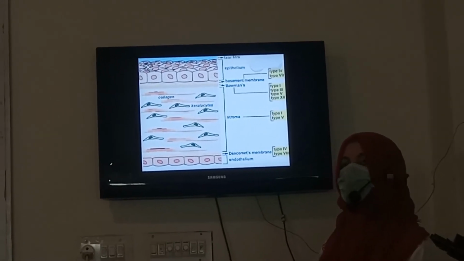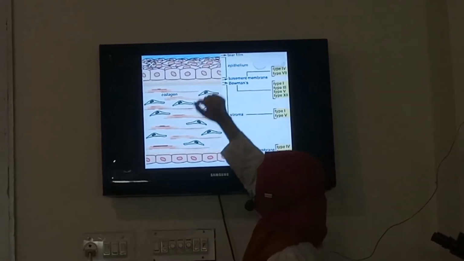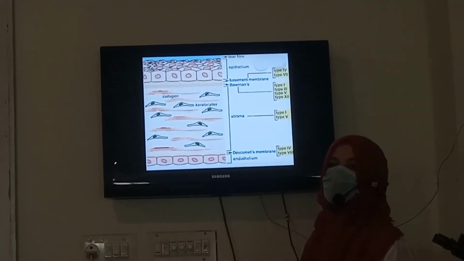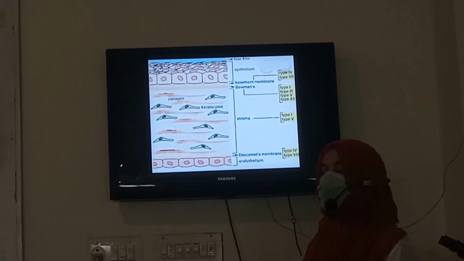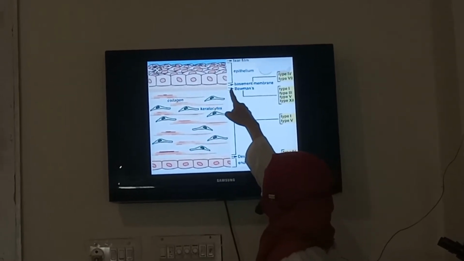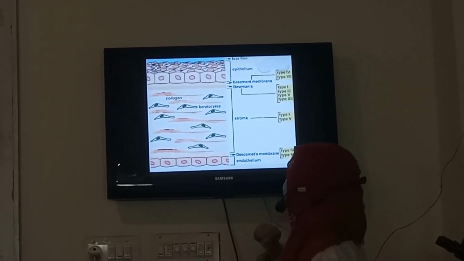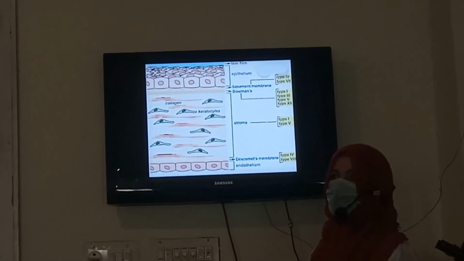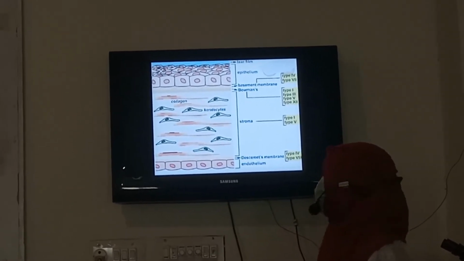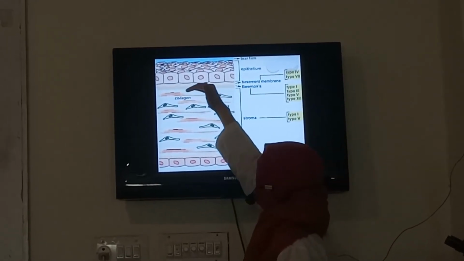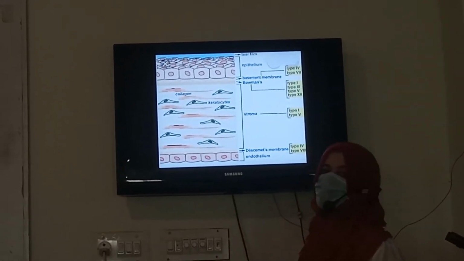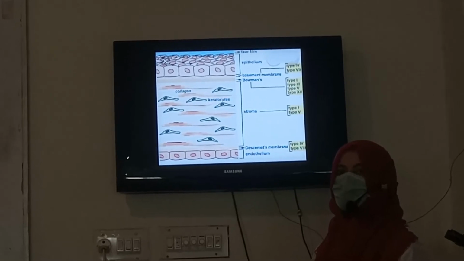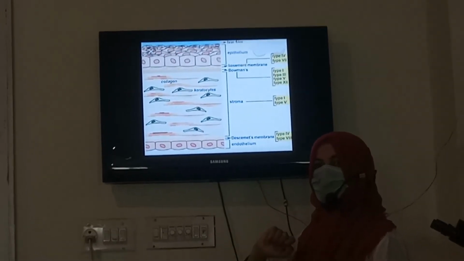Keep in mind that the layer which regenerates will heal without any deformity. But if it enters the second layer, Bowman's layer, the acellular, structureless but thick layer next to the epithelium, forming something like a basement membrane of the corneal epithelium, it will produce opacity. So this should be clear.